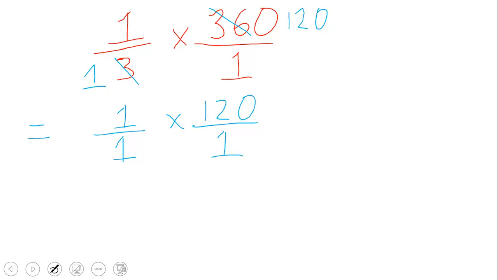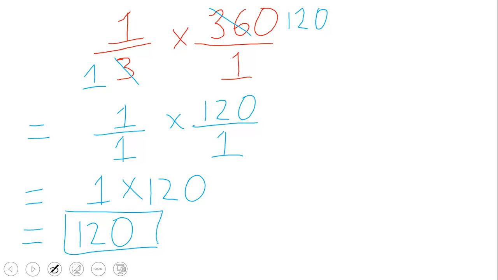And this equals 1 over 1, which is indeed 1, and 120 over 1, which is indeed 120. And what is 1 times 120? Well, 1 times 120 is indeed 120.